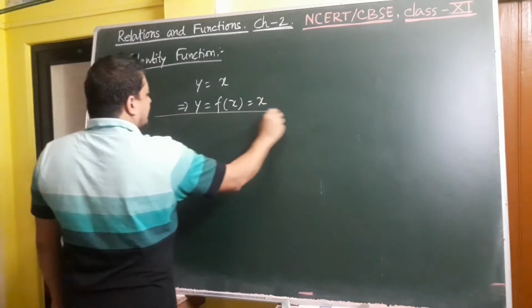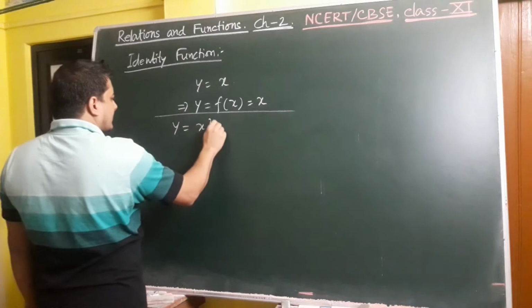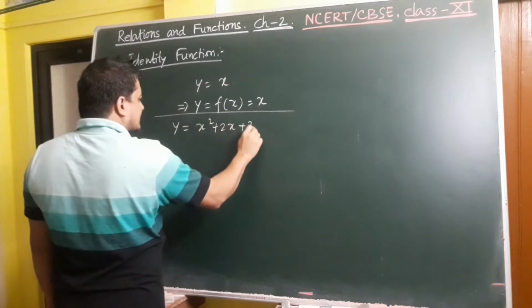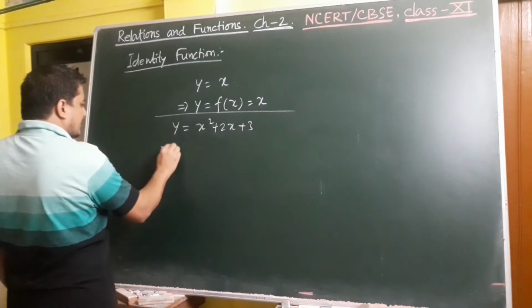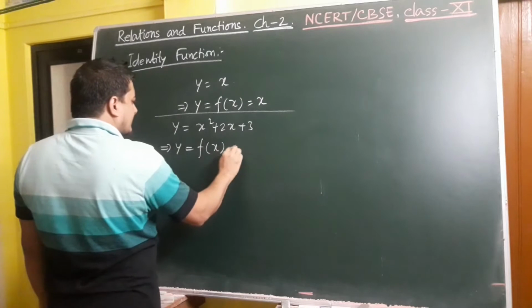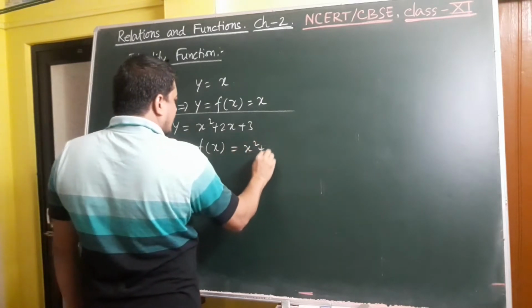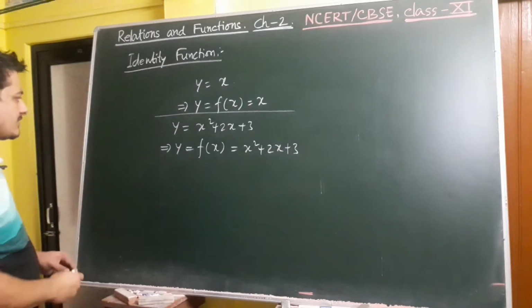Now if there is an equation, say x square plus 2x plus 3, you can write it as y as a function of x which is equal to x square plus 2x plus 3. So this is the way you can write.